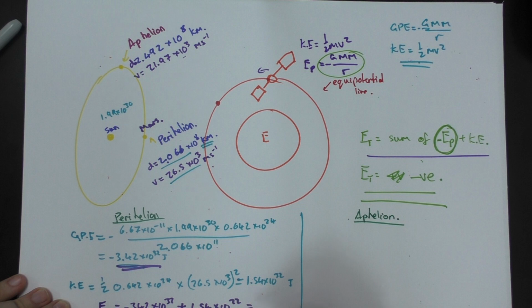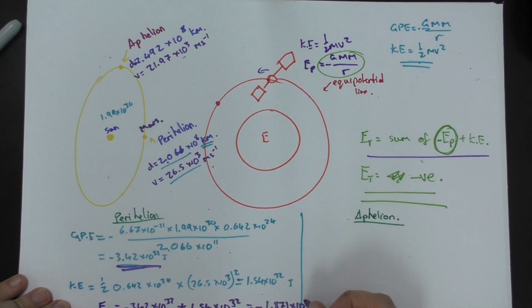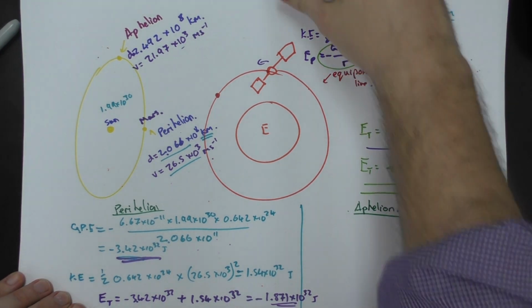And that's going to give us an overall value of negative 1.871 times 10 to the 32. Just push that up a little bit so you can see.